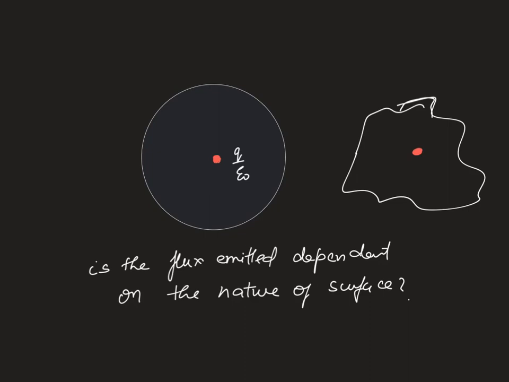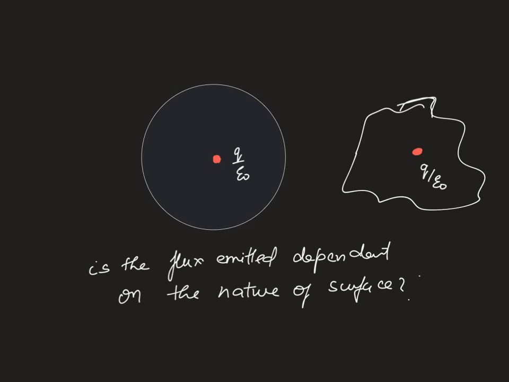Now, if any charge emits q by epsilon naught, irrespective of anything, which is a fixed quantity as I told you, the flux through this surface and the flux through this surface are both going to be equal, and they are going to be q by epsilon naught.